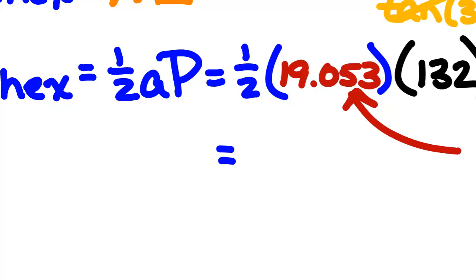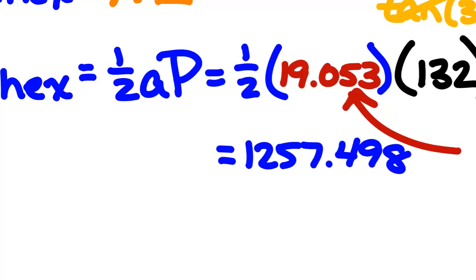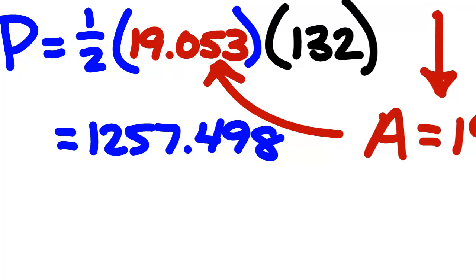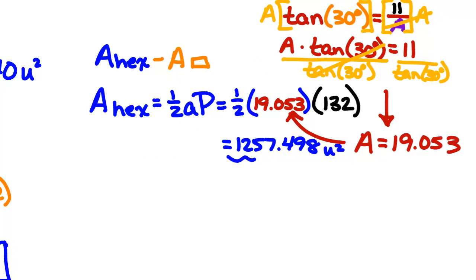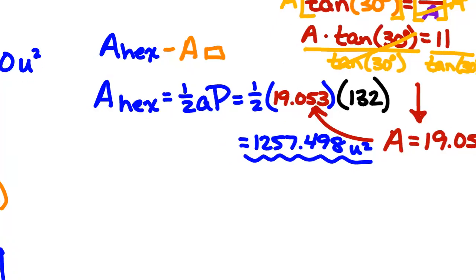One half times 19.053 times 132 is 1257.498, absolutely. They don't give us units on this, so we're going to go with units squared again. All right, so there's the area of my hexagon.